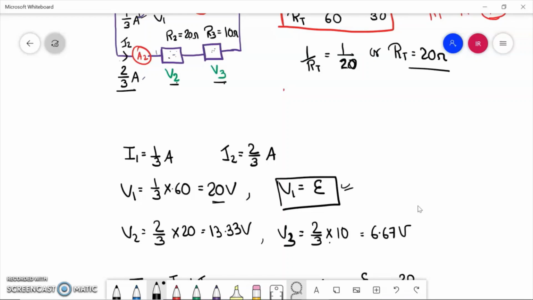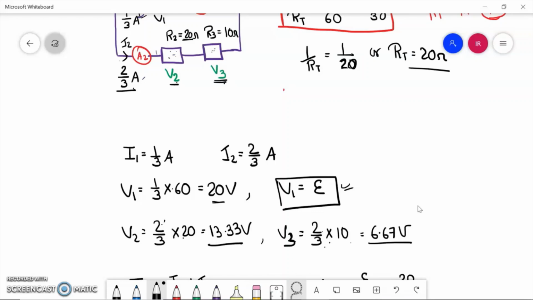Again, we know the current in branch 2 is 2/3 ampere. So for V2, you do 2/3 times 20, because V2 is across this resistor, which gives 13.33 volts. Then V3 is again 2/3 times 10, which gives you 6.67 volts. So now you have V1, V2, V3, and the values of I1 and I2 are all given to you, right?